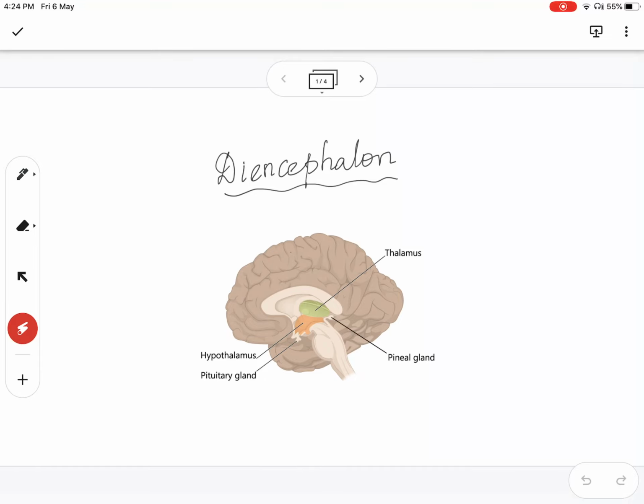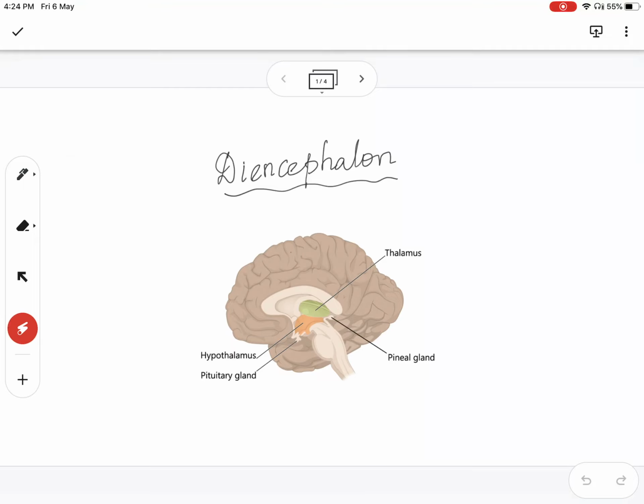Hypothalamus. Now you need to understand, something which is present above you call it epi, something which is present below is called hypo. Now what is present on the thalamus, that is the roof of it or anterior surface of it, you call it epithalamus. Something which is present below the thalamus, you call it hypothalamus, that is present over here. Now hypothalamus is present on the dorsal surface or ventral surface, ventral surface of it.